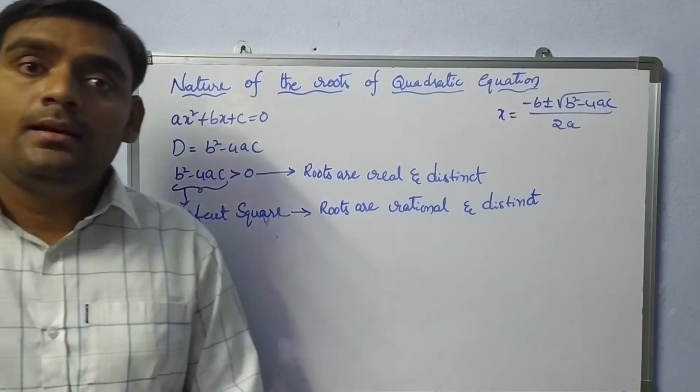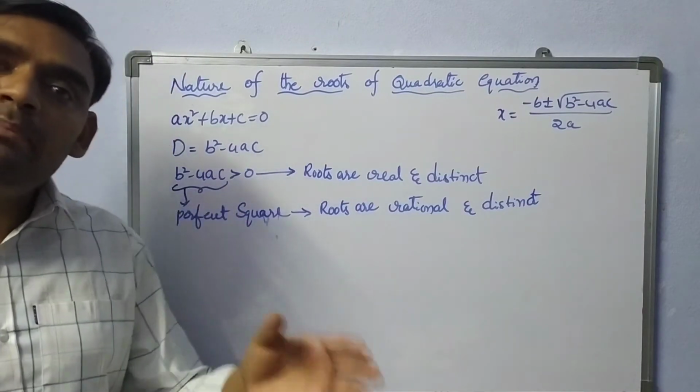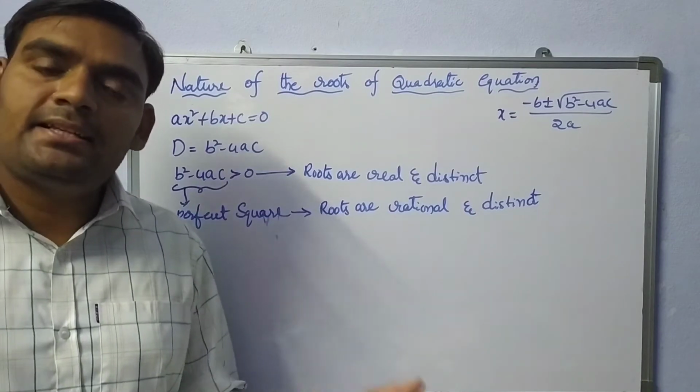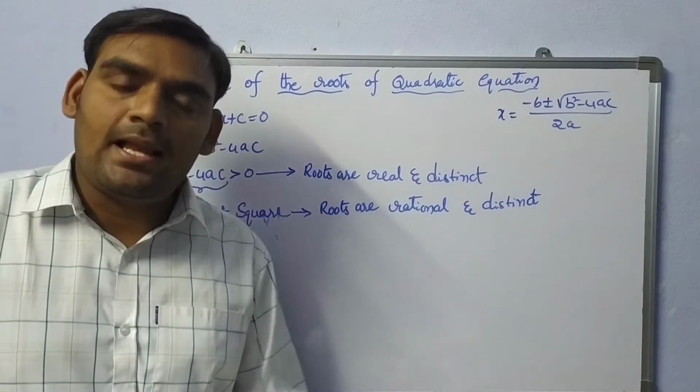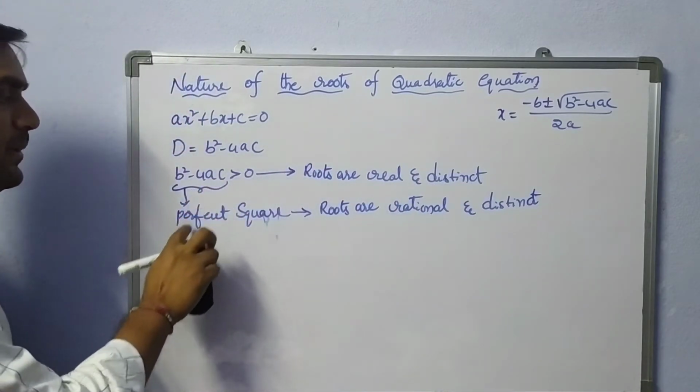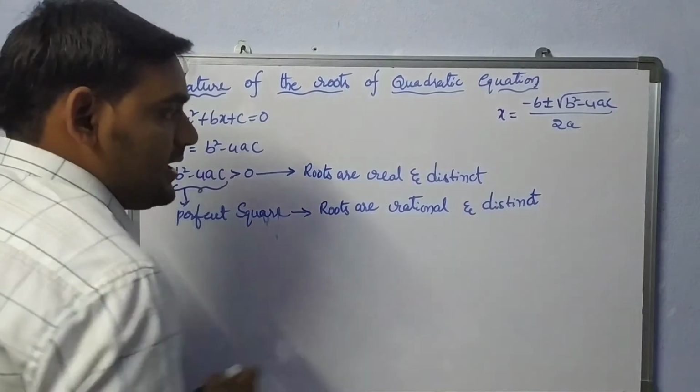Perfect square means a number multiplied by itself. Suppose 4, 2 2s are 4. Next 9, 3 3s are 9. 4 4s are 16. All those are perfect squares. If b square minus 4ac is a perfect square, roots are rational and distinct.